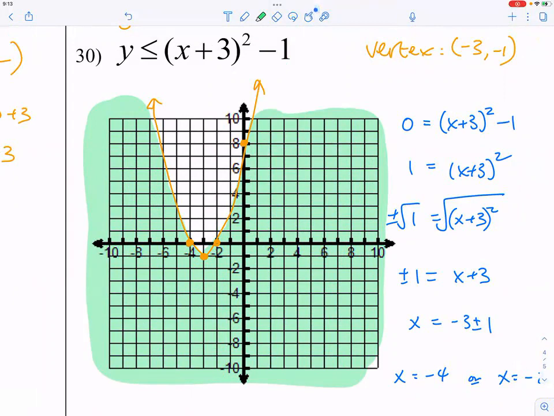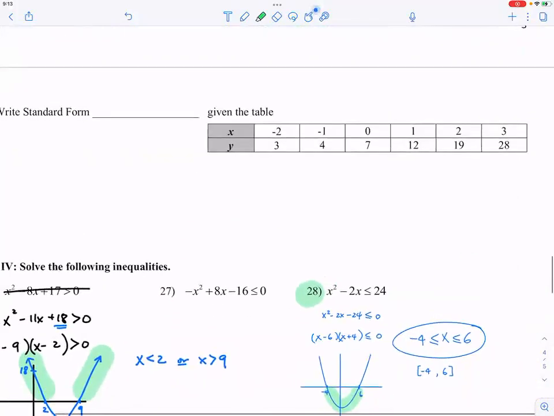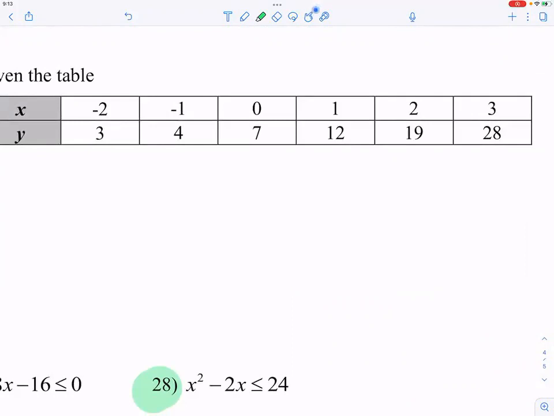Now, actually, if you look at question 25 above, is it a quadratic? How can you tell if it's a quadratic or not? The second difference, right?